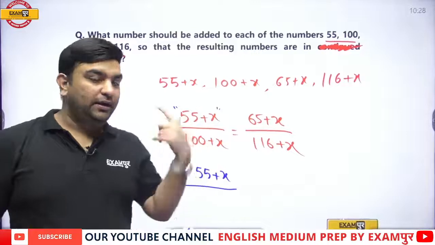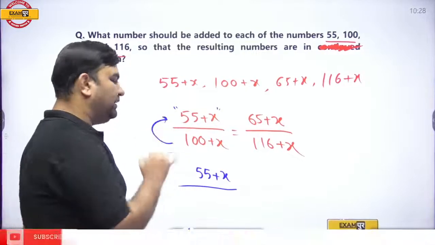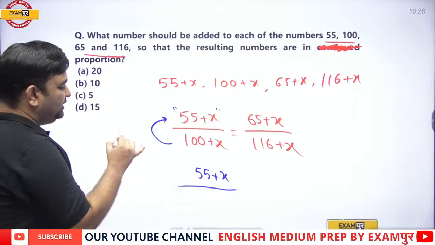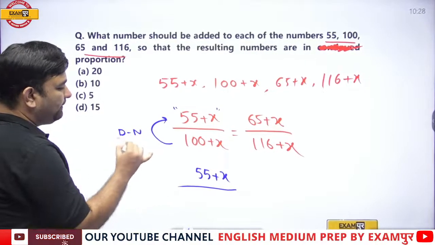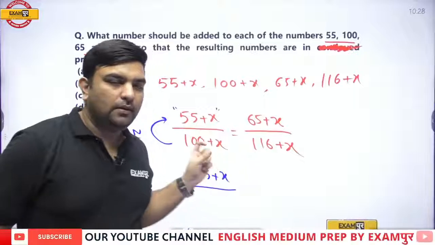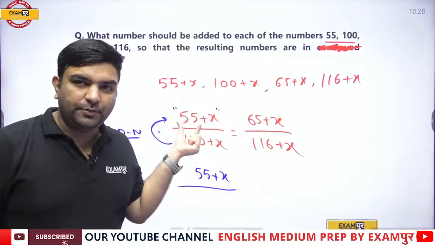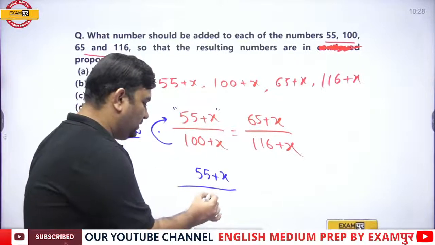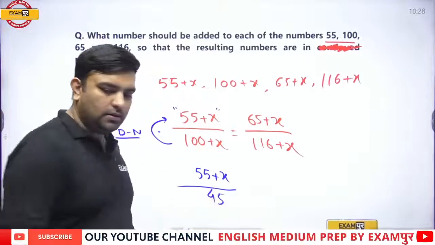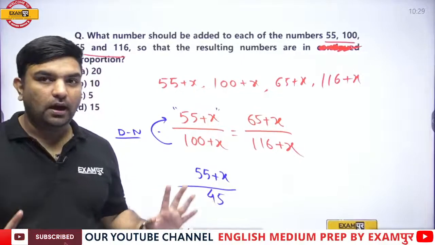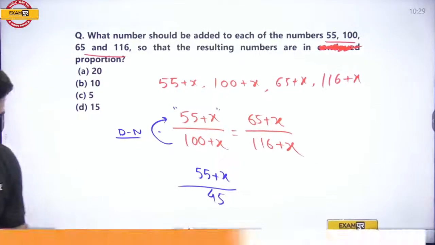Dividendo means denominator minus numerator in the denominator. What will happen? It will become short. 100 plus x minus 55 plus x, 45. So now your work is reduced.